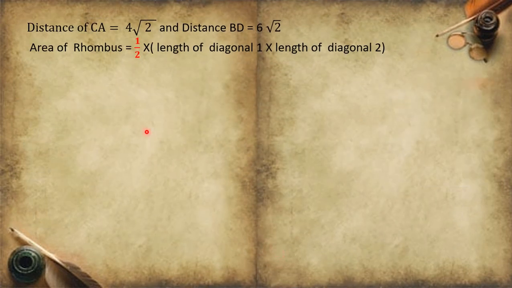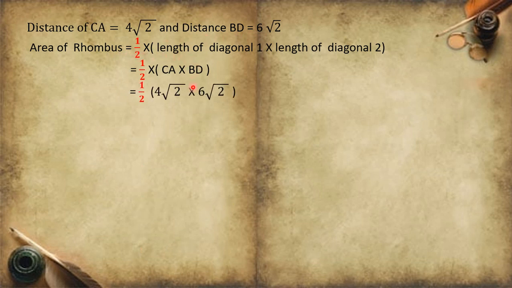Now we have the distance of CA, that means the value of diagonal CA is 4 root 2, and the distance of BD, that means the diagonal BD is 6 root 2 units. Now put the value for the length of the diagonals in the formula. Area of rhombus is half into length of diagonal 1, that means CA, into BD. Now CA is 4 root 2 multiplied by BD is 6 root 2.